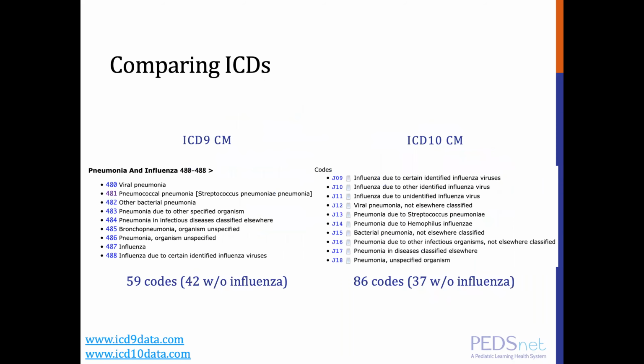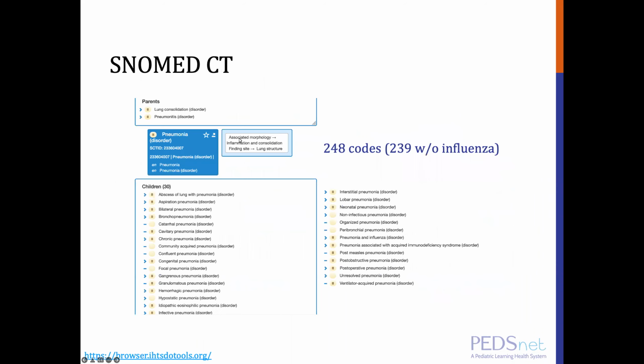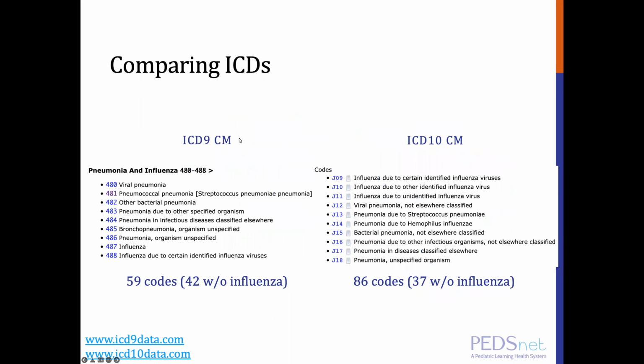So just to illustrate this, we're going to compare some ICDs for pneumonia. ICD-9 CM, where CM is a US modification of the ICD codes, has 59 codes for pneumonia, 42 without influenza-related pneumonias.